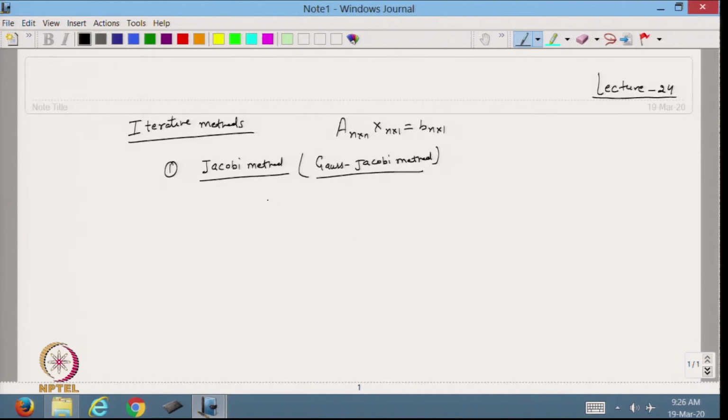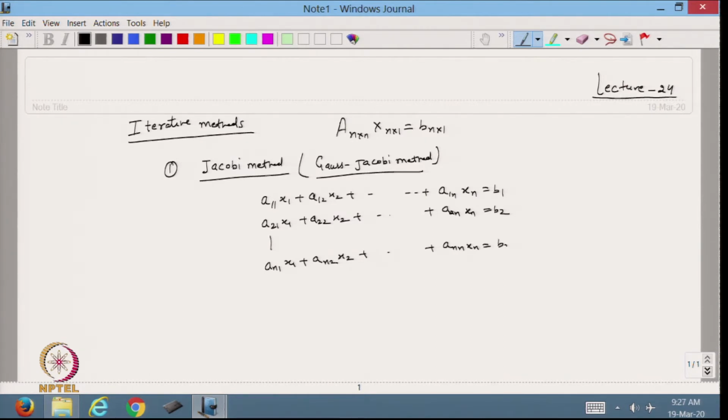Suppose I have a system of equations: a11 x1 plus a12 x2 up to a1n xn is equal to b1, and so on, a2n xn is equal to b2, and in the last bn.